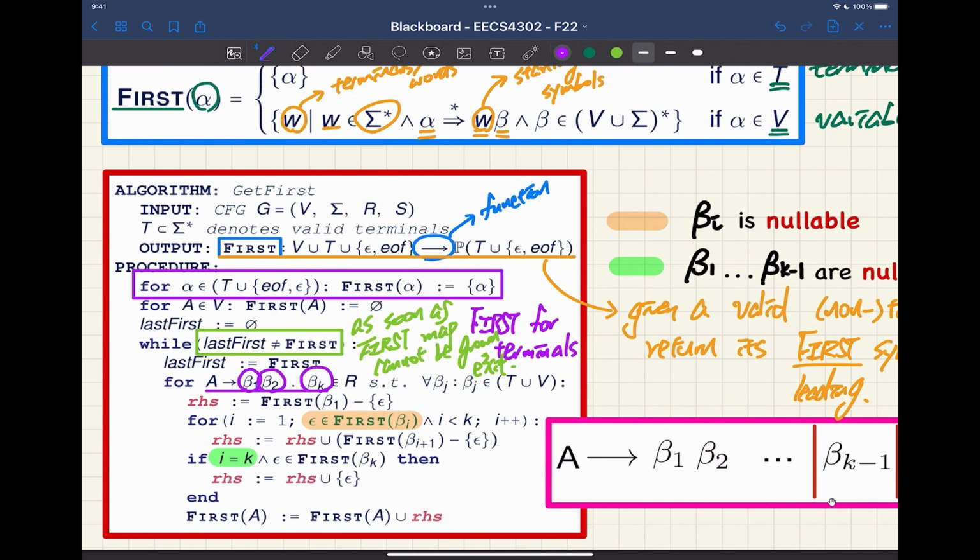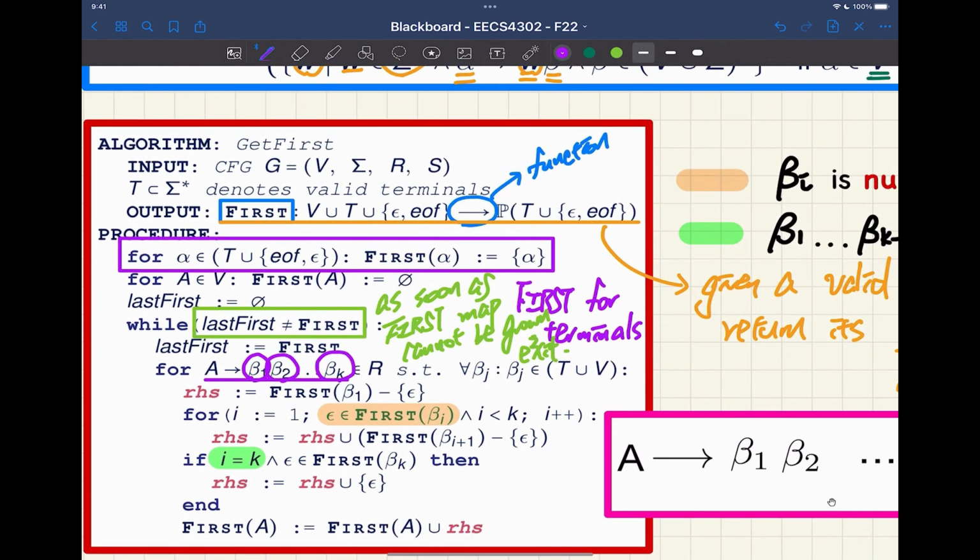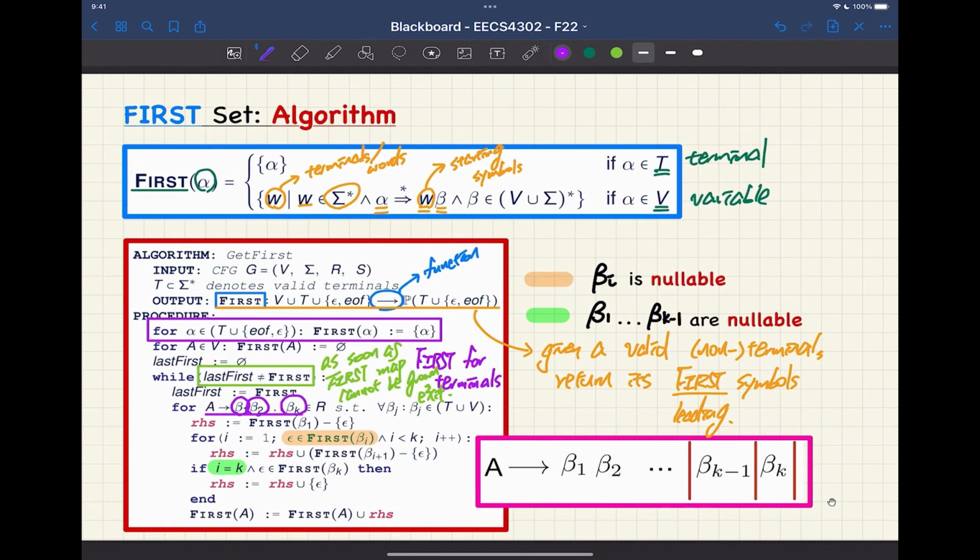Okay, intuitively, let me show to you. Let's say this is the layout for A. Beta 1 over here, we want to think about what is beta 1.